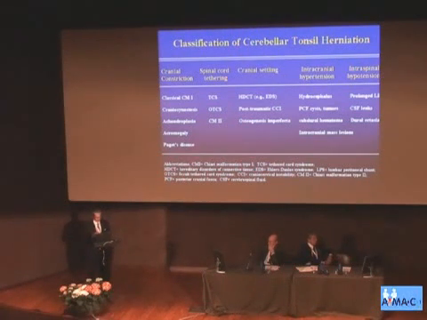The cranial settling, I think everybody in the room could see it. When you have an upright MRI, the head comes down on the neck, and the tonsils can descend through the foramen magnum. Now, there are other conditions that can also produce herniation of the cerebellar tonsils, positionally related. That includes the same general idea of destabilizing the joints that hold the head on the neck.